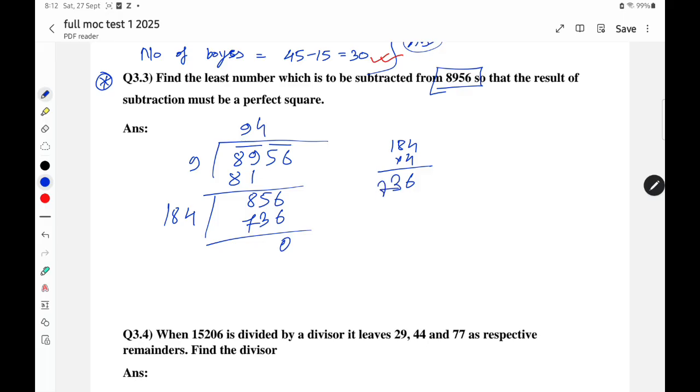So remainder আসছে 0 2, আর এখানে আসছে 1. So 1 to 0. So this is extra.